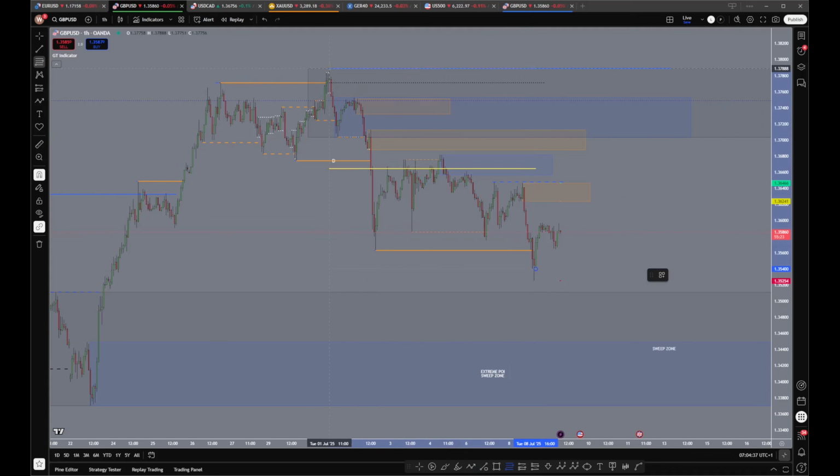So where is it likely to be? This is not a very strong POI. But we do have the top of this is unmitigated.